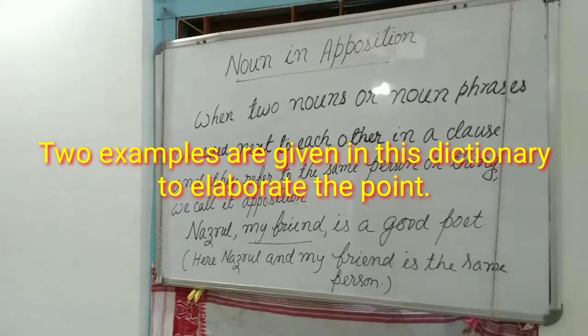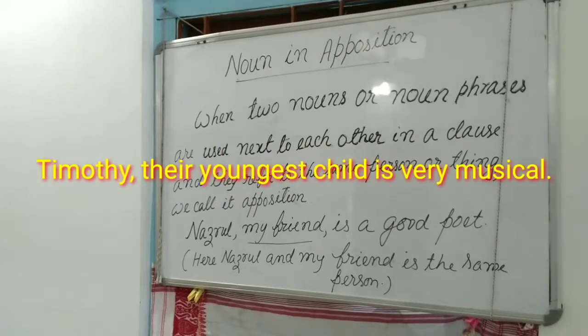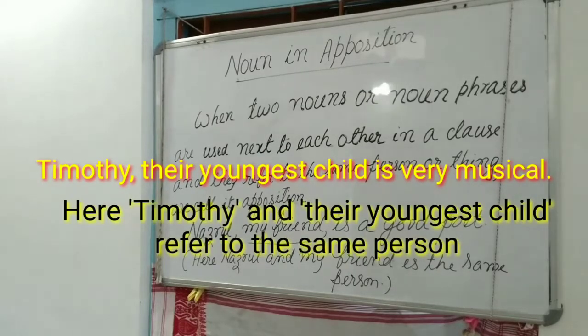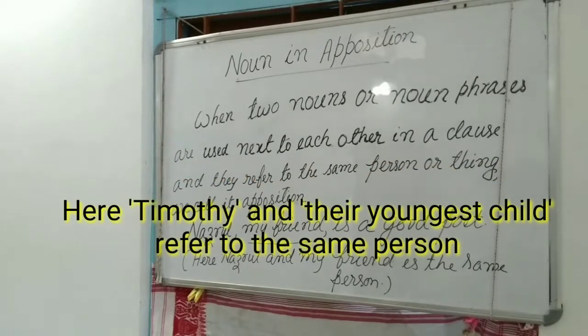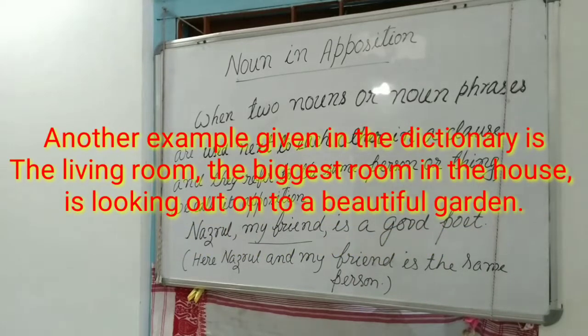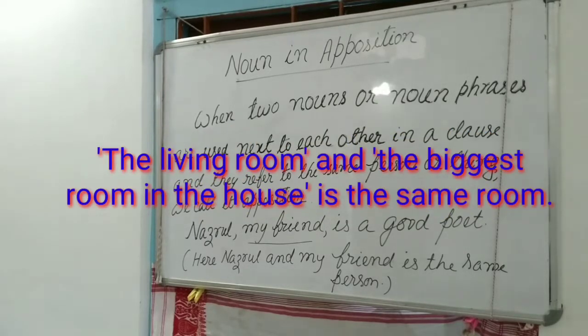An example was given here. Timothy, their youngest child, is very musical. Timothy and their youngest child are the same person. The living room, the biggest room in the house, looks out onto a beautiful garden. The living room and the biggest room in the house are the same room.